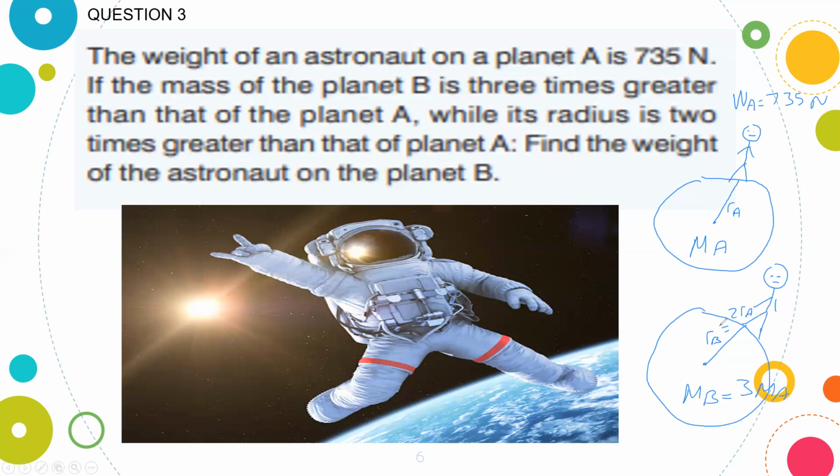What do they ask? The weight of the guy on planet B. As you see, the radii and masses of the planets we don't know. It's your turn. Please try.